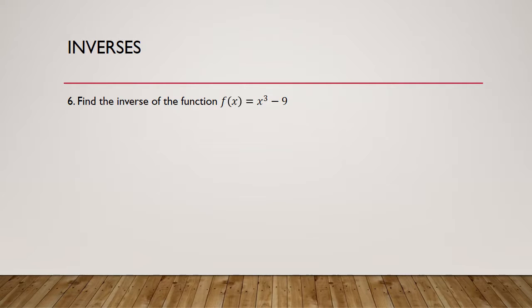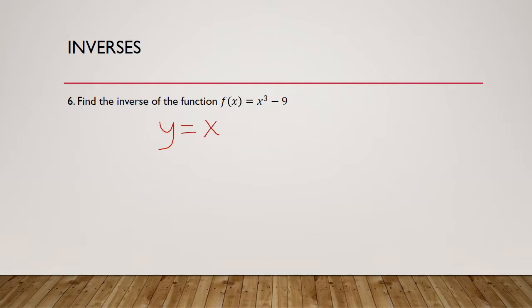Here's my function. F of x equals x cubed minus 9. The directions say find the inverse function. So if I have f of x equals x cubed minus 9, the first step was to drop that f of x notation and write it as a y.